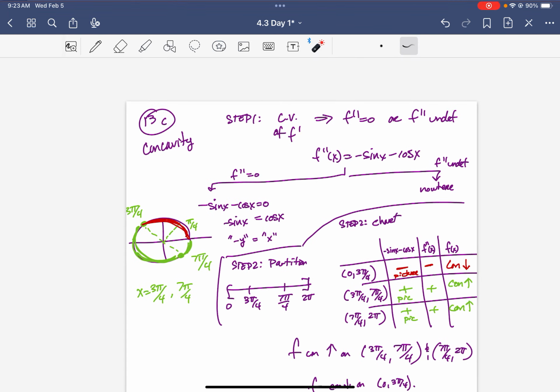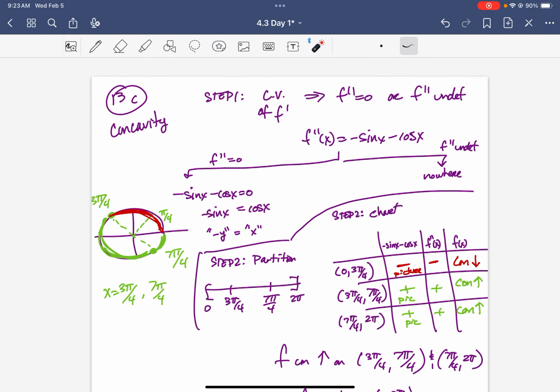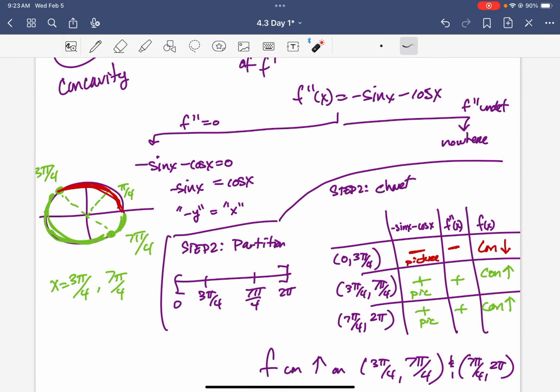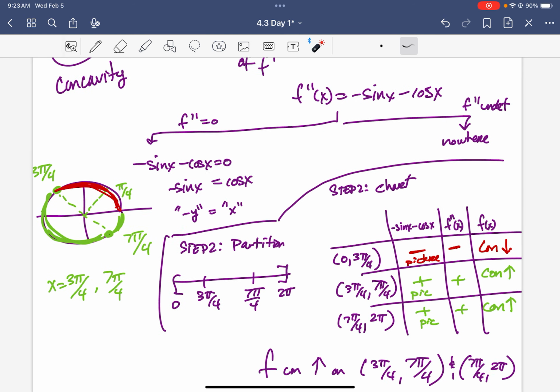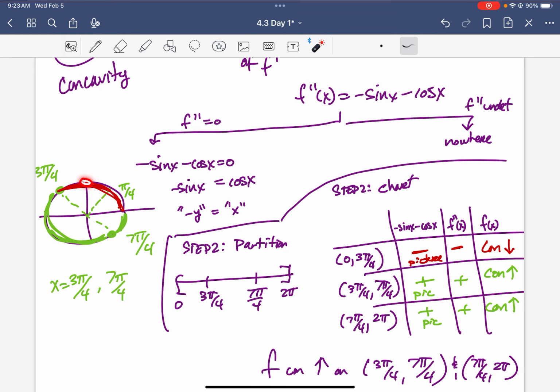So in this case, I need to be careful. It's negative sine minus cosine. So here, a negative 1 minus 0, it's going to be negative in here from the picture. So I think these quadrantal angles are really helping me out here. So that's where I get my concave down.